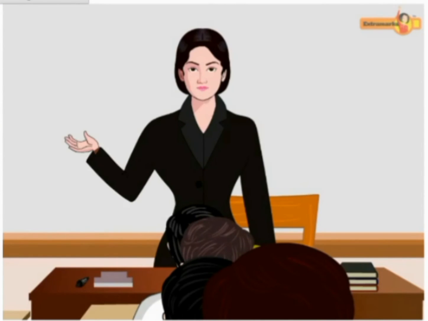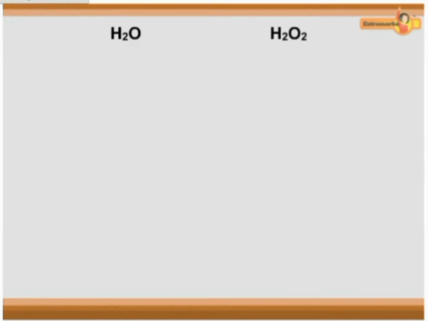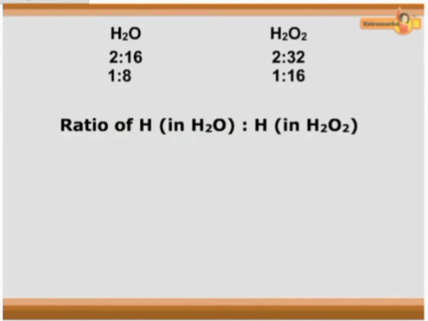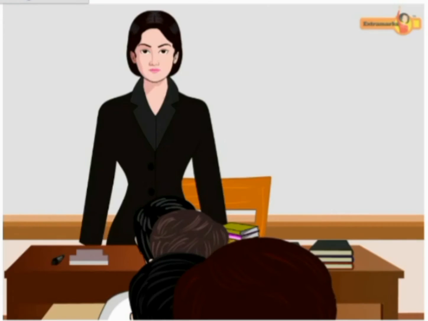Now let us find if we can verify the law of multiple proportions by fixing the mass of oxygen in water and hydrogen peroxide. If we fix the mass of oxygen at 16, the ratio of masses of hydrogen that combine with it in water and hydrogen peroxide will be 2:1. Hence, this again proves the law of multiple proportions.